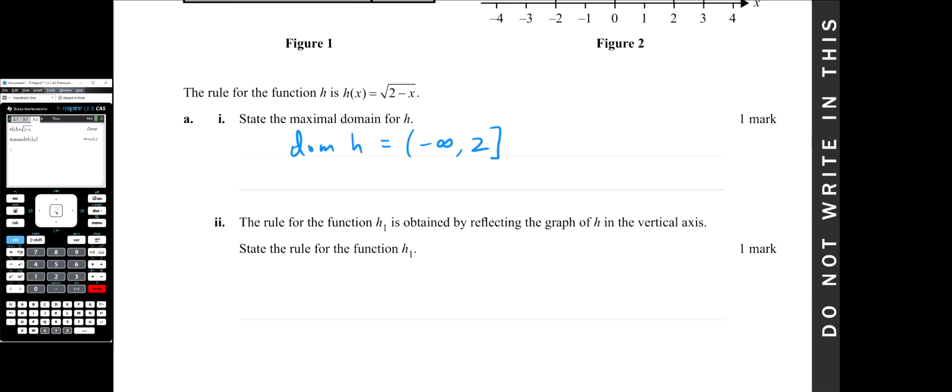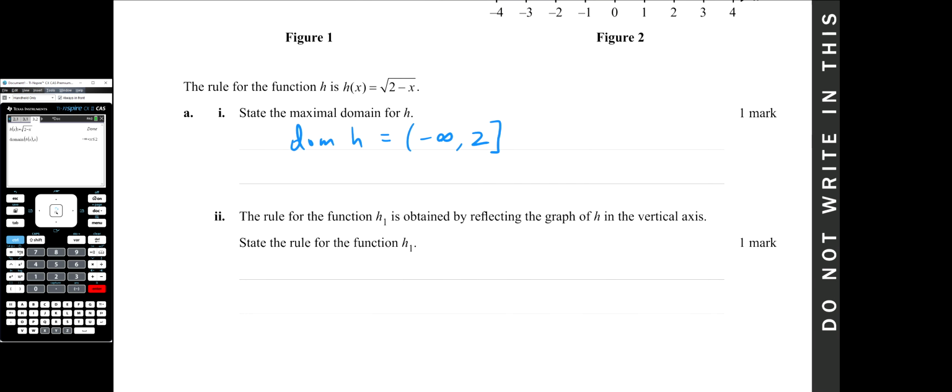Okay, the rule for the function h1 is obtained by reflecting the graph of h in the vertical axis. When we reflect in the y-axis, you take your function h of x, and your x gets replaced by negative x.